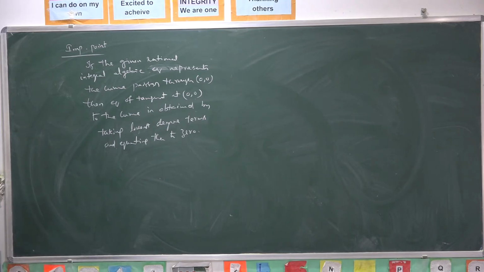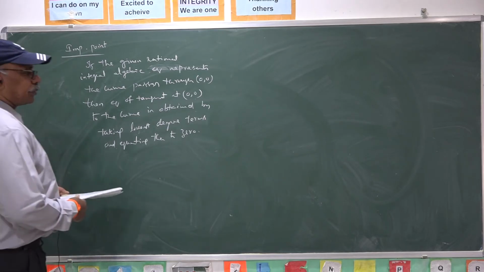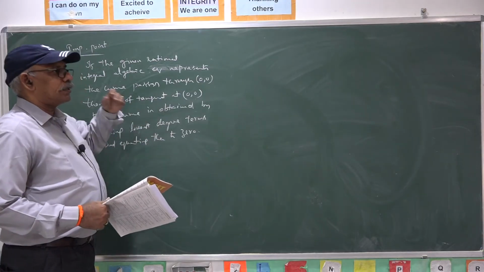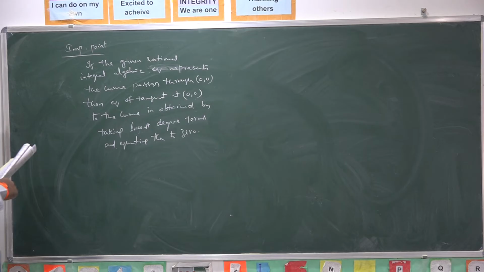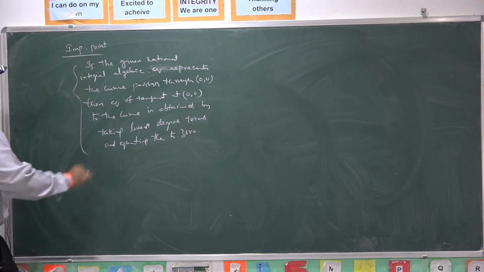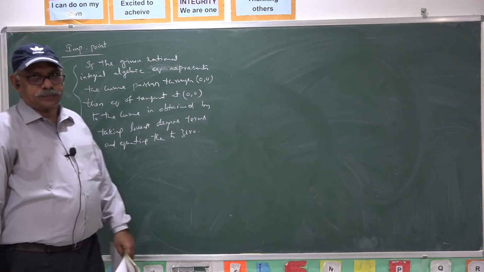By taking lowest degree terms and equating them to 0, we obtain the equation of the tangent at origin to that curve. This is one important rule in dealing with such curves.